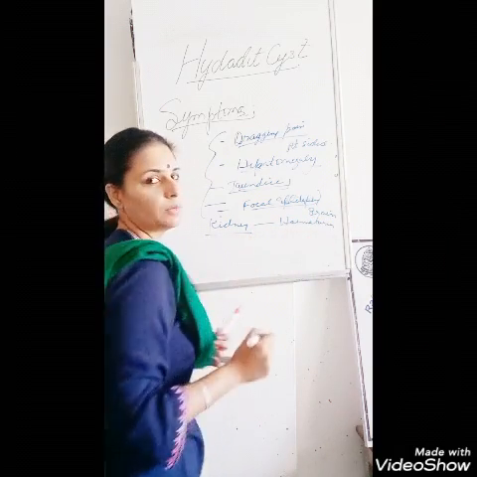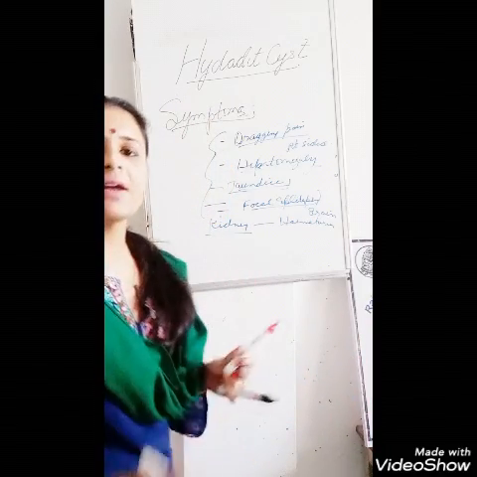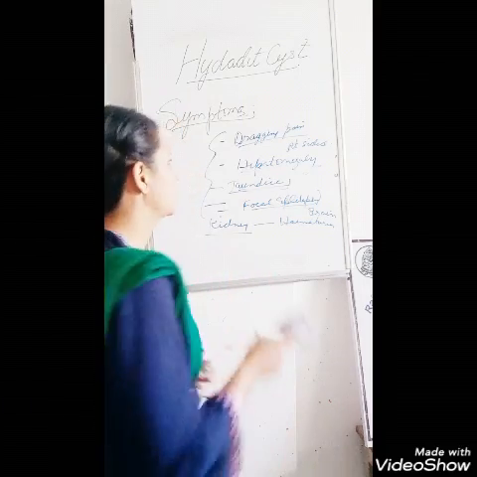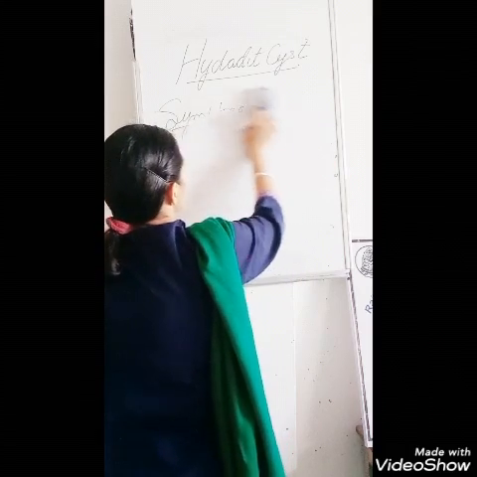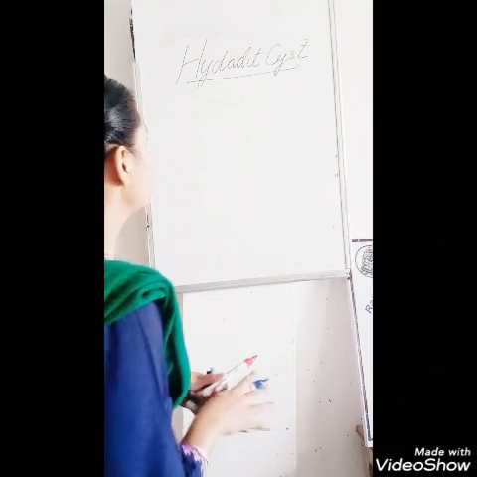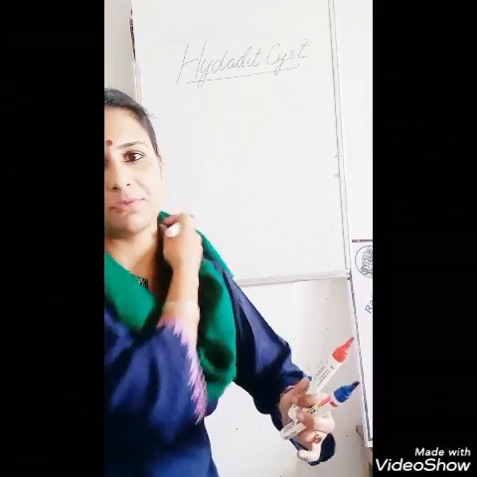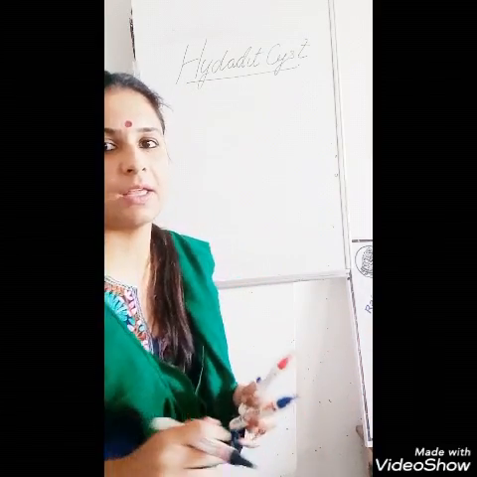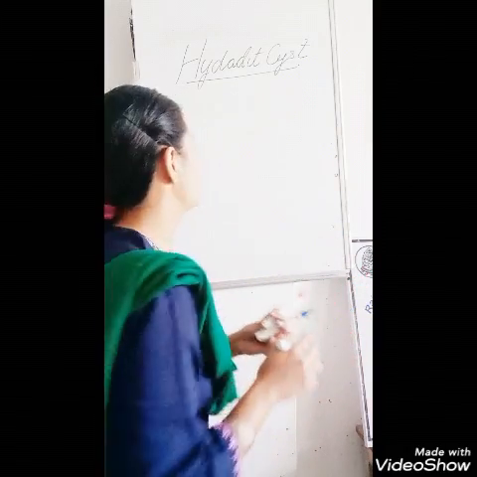In skin, it will produce allergic manifestations. In lungs, it will produce congestion and dyspnea, difficulty in breathing. So the features depend on the organ which has got infected. Now, if this hydatid cyst gets contaminated or infected or suppuration occurs, the patient will have fever, malaise and body ache. So these features will be present if that cyst gets contaminated.